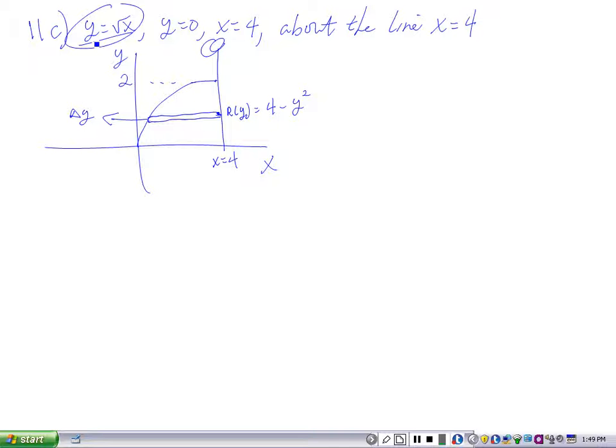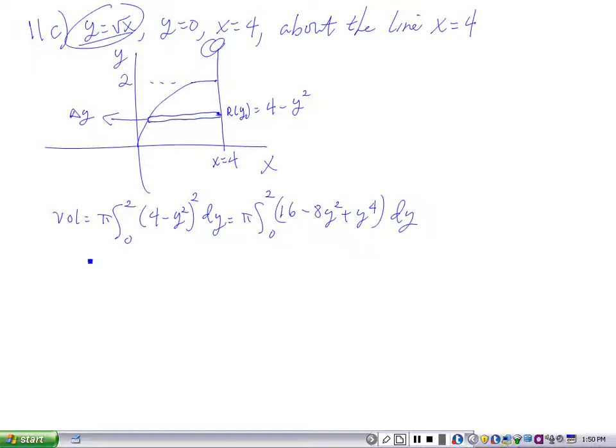So now volume, you have pi times the integral from 0 to 2. Here I have 4 minus y squared, all to be squared, dy. This is pi times the integral from 0 to 2. Simplify all of that. To FOIL that out, 16 minus 8y squared plus y to the 4th dy. This is pi.